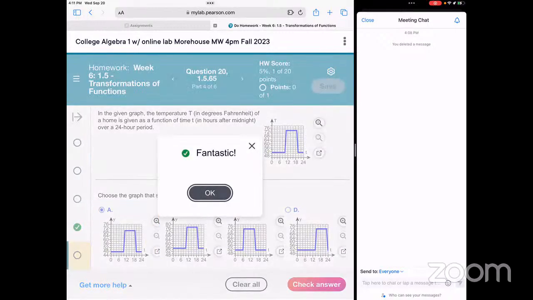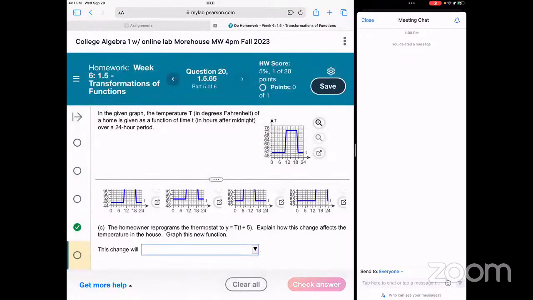Then the homeowner reprograms the thermostat to T of the quantity T plus 5. Explain how this affects the temperature. So we're adding 5. If we think in terms of transformations, we're saying plus 5 on the inside of our function. So if we add 5 on the inside, that means we're going to move horizontally, and it's the reverse of our intuition.